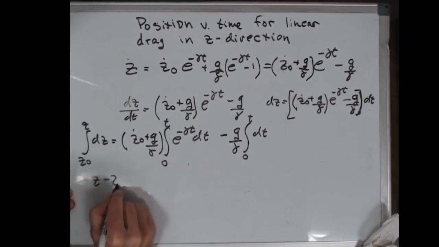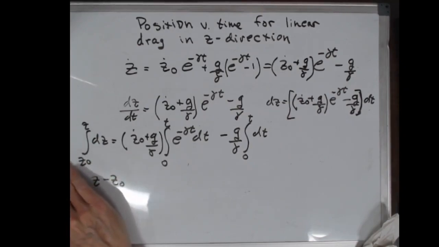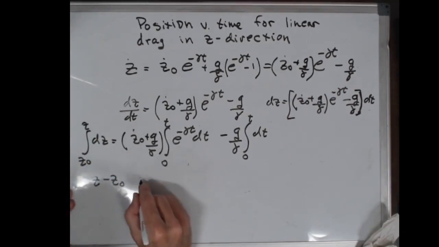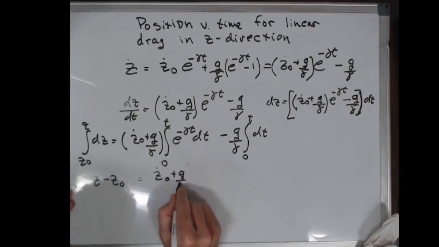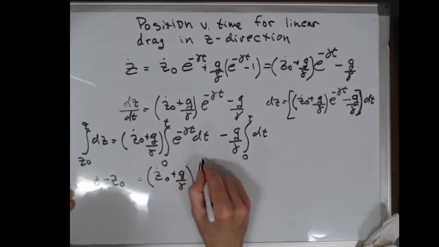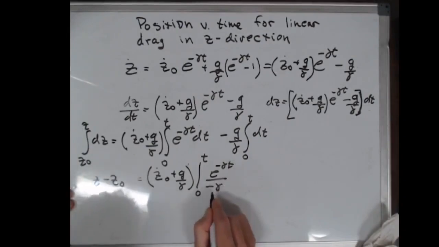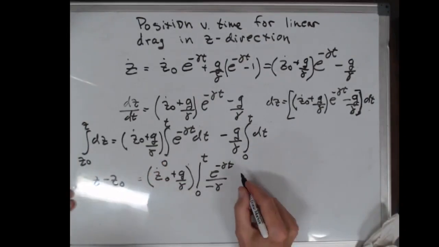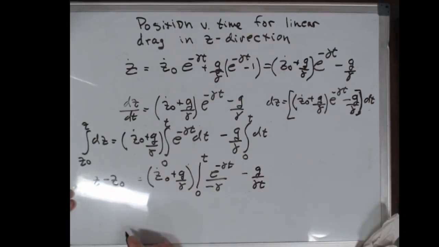This is z minus z naught for this guy. I'm sorry about the reflection there. Is equal to z dot naught plus g over gamma, that's my multiplicative term out front. And this is the evaluation from 0 to t of e to the minus gamma t over minus gamma. That's what that integrates to. And this is minus g over gamma times t. I don't think I have room to work all that out, but maybe I do.